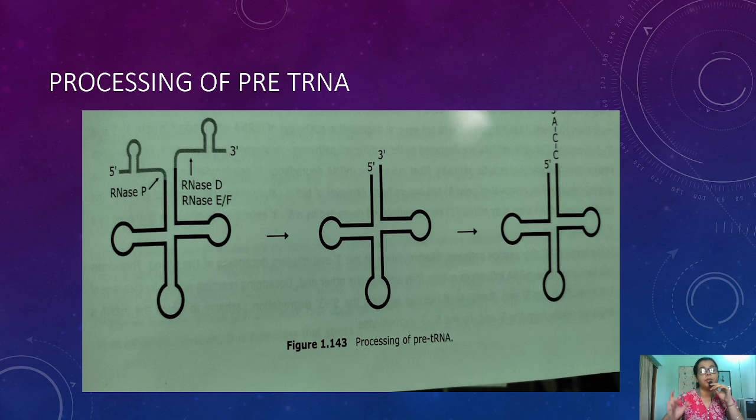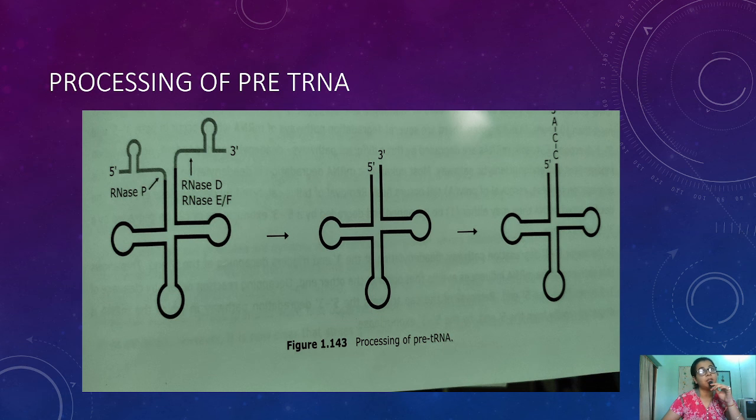Before the splicing of tRNA, processing of tRNA takes place. What do you mean by processing? Or you can say cleavage of tRNA takes place. You might be wondering, isn't cleavage or splicing the same thing? I want to tell you, no, it's not the same thing, because cleavage is the removal of the extra part from the structure, whereas splicing is the removal of introns from the structure.